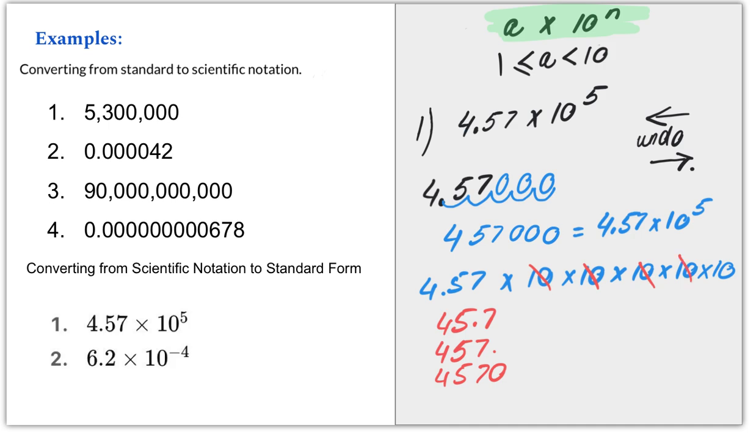One more 0, adding, and then the last but not least, 1, 2, 3, and the number is 457,000. Also, you would know that it's 457,000 because 100,000 has 5 zeros. Okay, let's go ahead and do the next example.